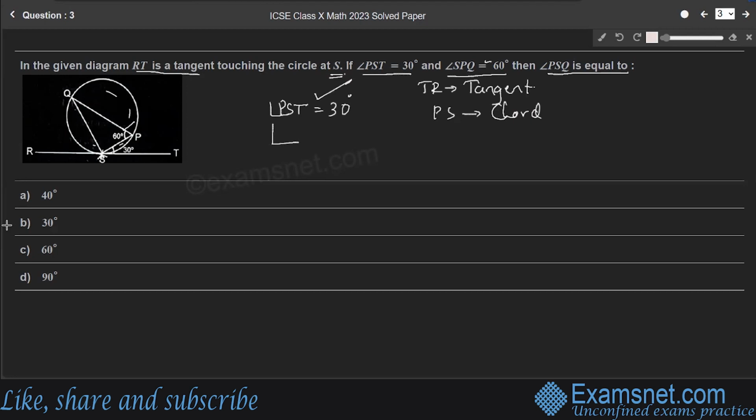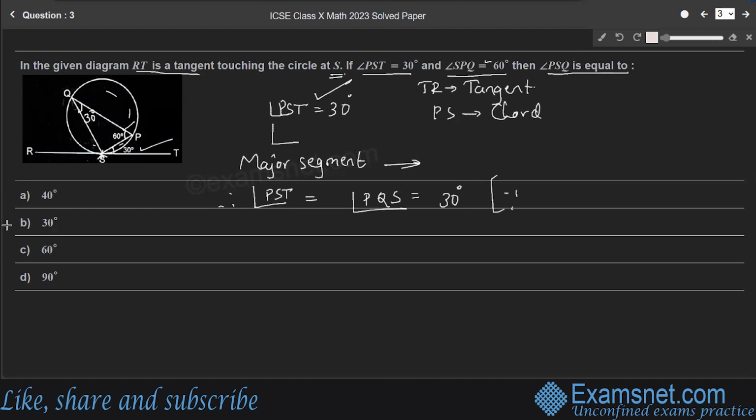So the angle formed between the tangent and the chord through the point of contact of the tangent is equal to the angle formed by the chord in the alternate segment, which is angle Q. So angle Q is equal to 30 degrees. Therefore, angle PST is equal to angle PQS, which is 30 degrees.